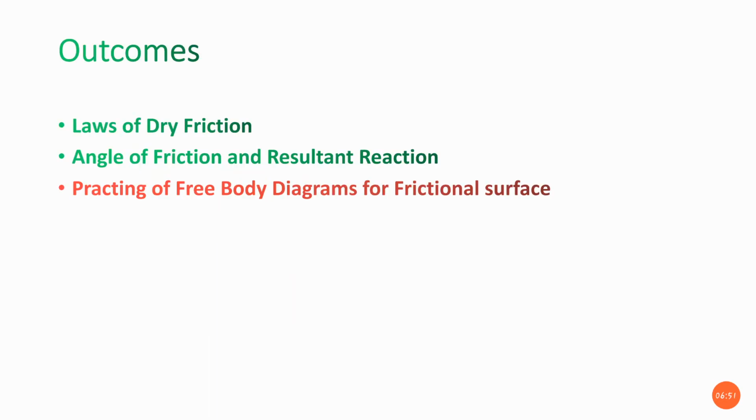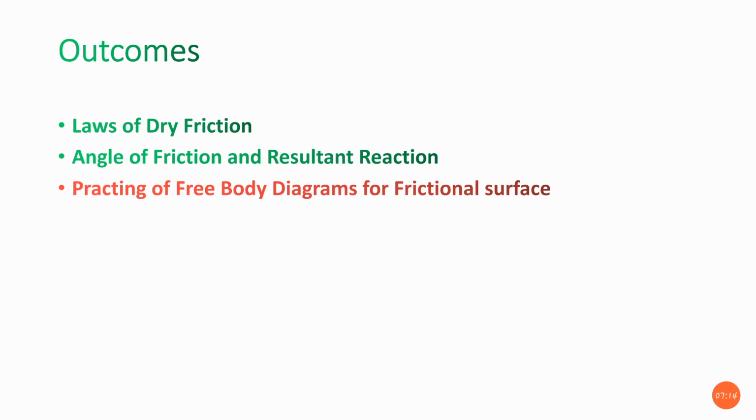So what is our outcome from this discussion? We have discussed the laws of dry friction. The laws of dry friction mean one has to feel and experience them, and only then do they become laws. A theorem has a proof, but a law one has to experience, and only then does it become the law of dry friction.